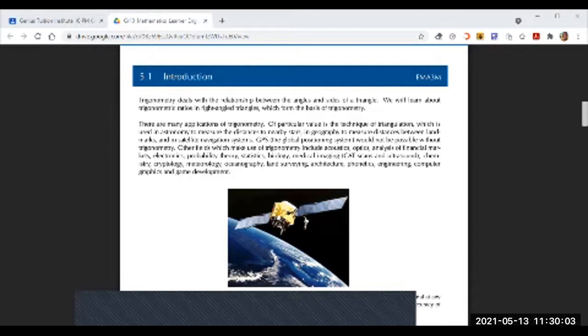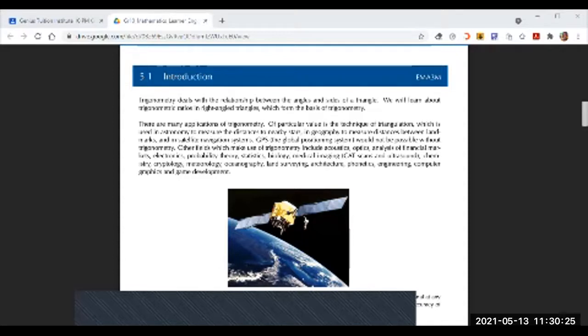You cannot take a measuring tape to measure the distance between stars. It is also used in geography, to measure the distance between landmarks, and in satellite navigation systems. GPS, that is the global positioning system, would not be possible without trigonometry.